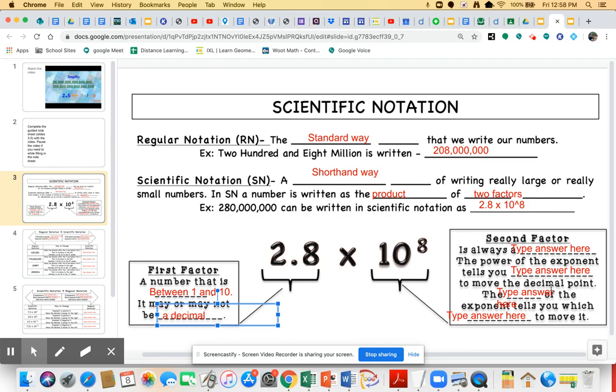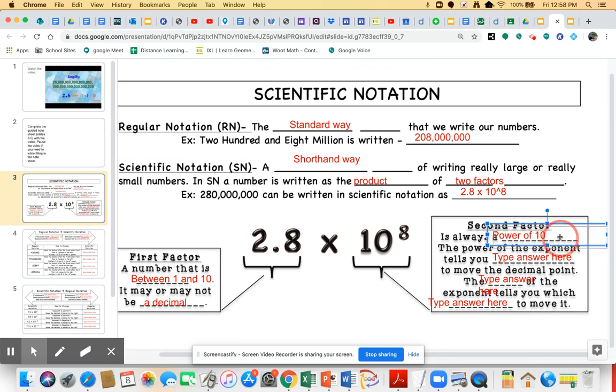Now over here in our second box, where we're looking at 10 to the 8th power, this is our second factor, where remember we're talking about product, multiplying these things. This second factor is always a power of 10. I'll move that over a little bit so you can see that better for your notes.